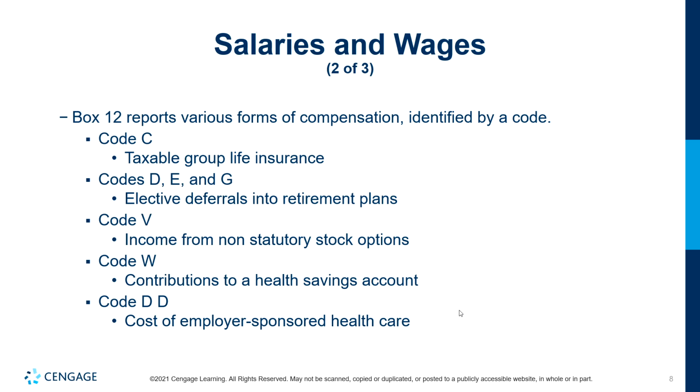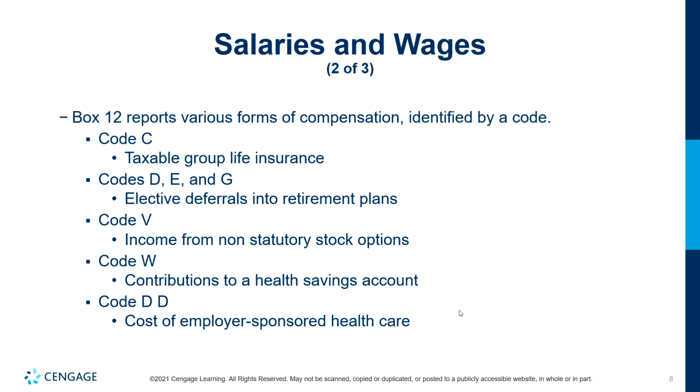Again, the keyword is that it is taxable, so we would have to put that in our tax return. We do have codes D, E, and G, and these are elected deferrals into certain types of retirement plans, which again will provide a deduction depending on the retirement plan for the contribution.